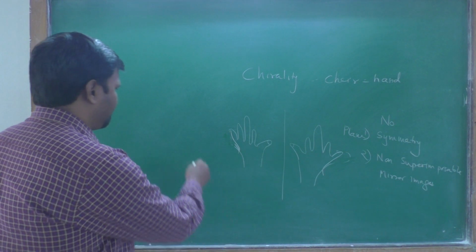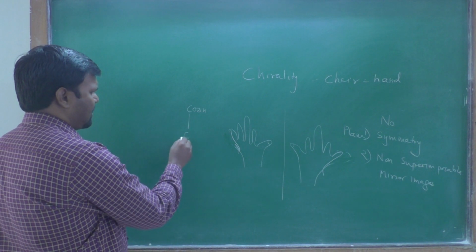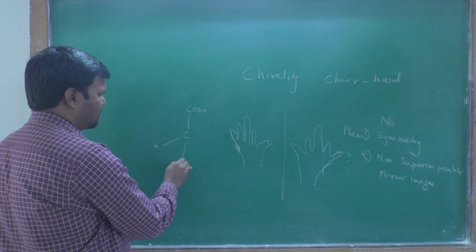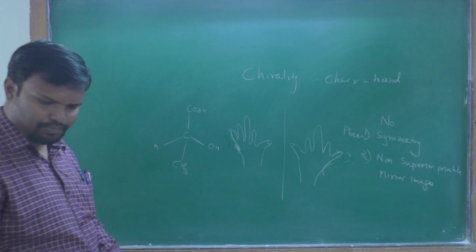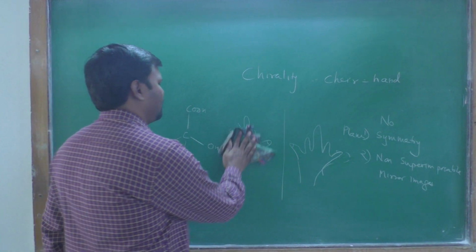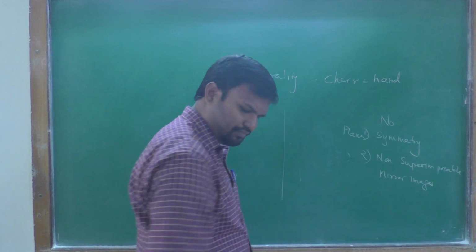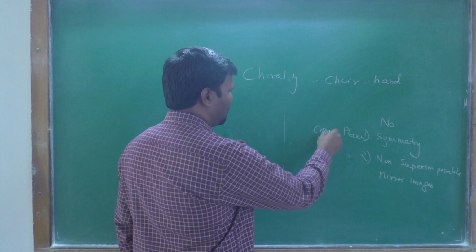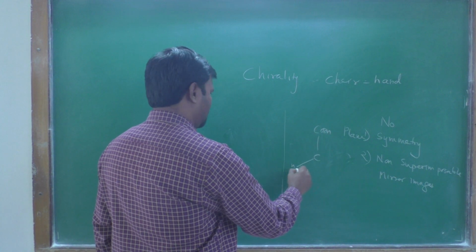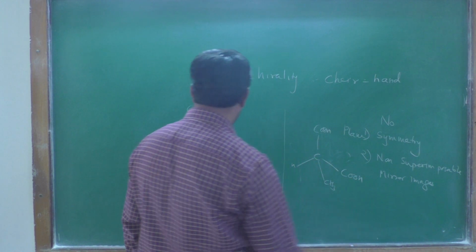We have one example, that is lactic acid. When you put the mirror, you will obtain such a mirror image, with OH and H. Such a mirror image you obtain.